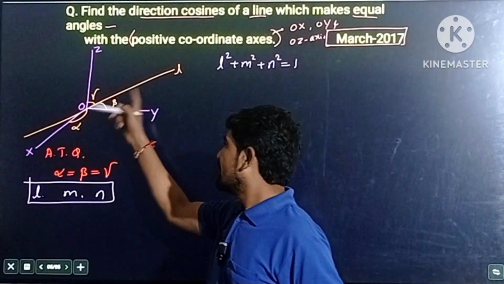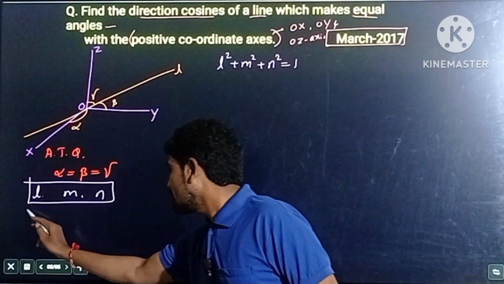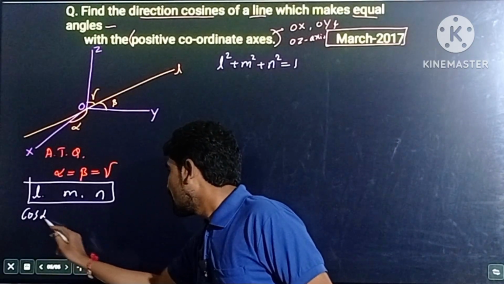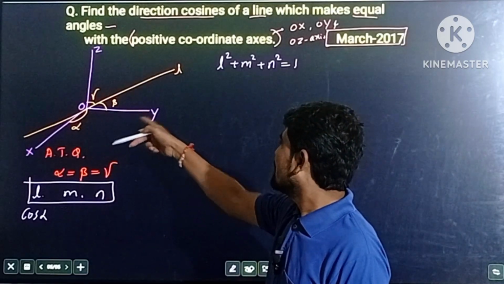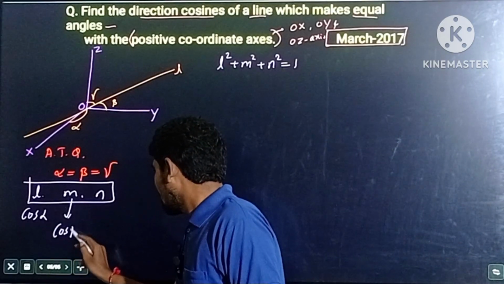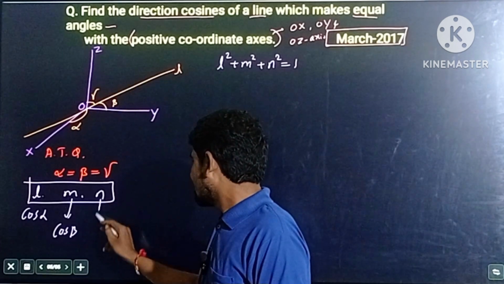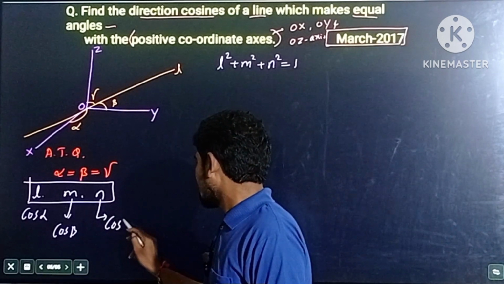If alpha is the angle made by the line with the positive x-axis, then l equals cos alpha; beta is the angle made with the y-axis, therefore m equals cos beta; and gamma is the angle made with the z-axis, therefore n equals cos gamma.